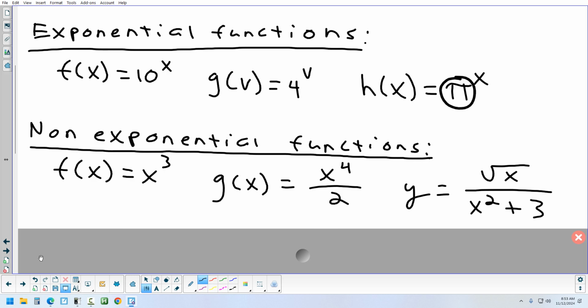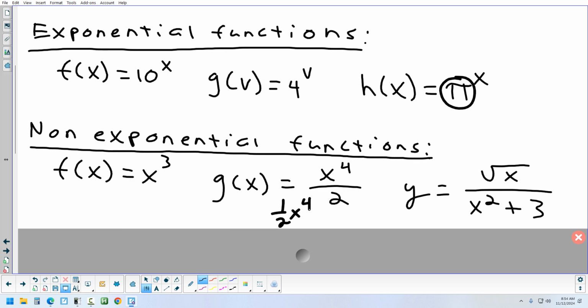That's another polynomial, yeah. You could think of it this way too. It's just 1/2 x to the 4th. That's a polynomial. And then the y equals under non-exponential, I don't really know how you classify that. It's a combination of a rational function, but it also has a radical in the top. So it's like a mixture of the two. Oh, weird. But it's definitely not exponential.